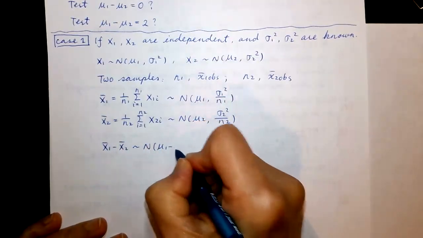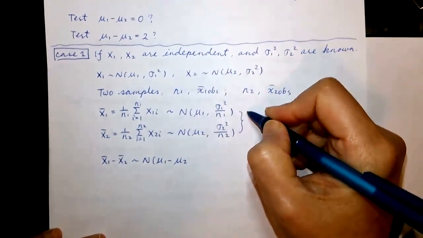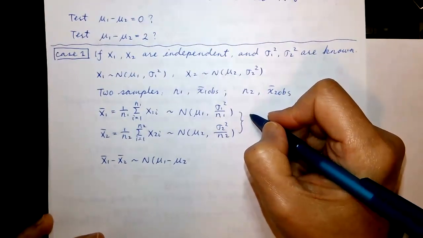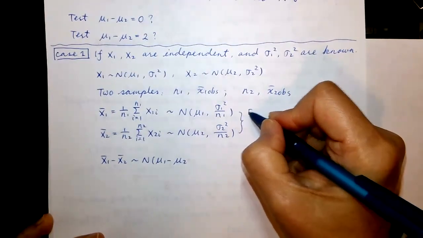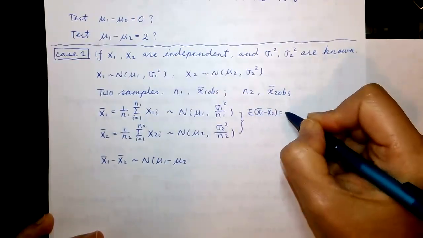What's the mean of this? The mean of this expression is mu1 minus mu2. My suspicion is you can't remember much from Handout 4.